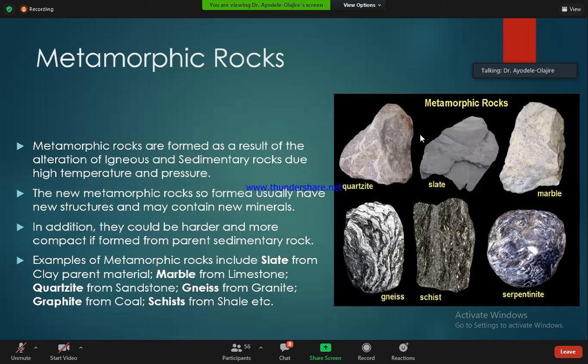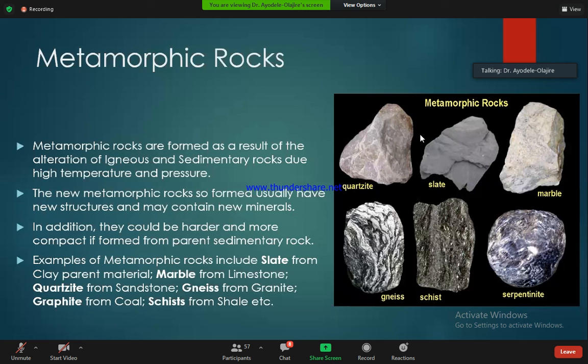Common examples are slate, which is formed from clay parent materials, marble from limestone, you know the importance of marble, especially in the construction industry. Then calcite from sandstones, very important in building construction these days.